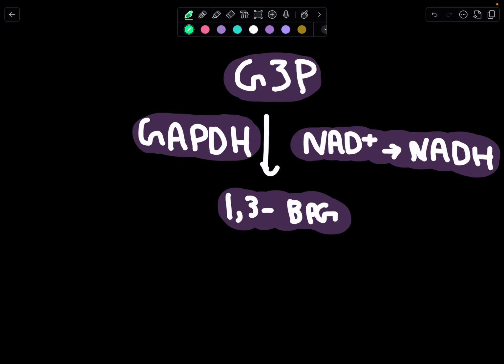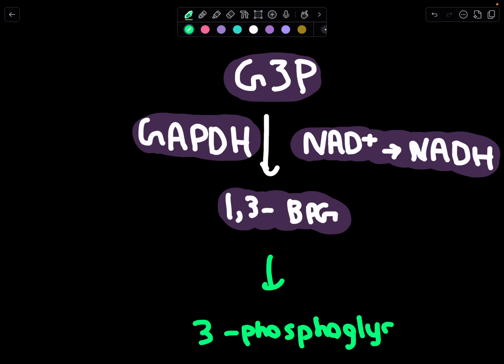The name PGK fits because it's a kinase, transferring a phosphate, acting on a glycerate molecule, and the reaction is efficient due to 1,3-BPG's high-energy bond, which makes the phosphate transfer to ADP favorable. So, in these steps, you're harvesting energy as NADH and ATP while moving the molecule closer to pyruvate, the end goal of glycolysis.